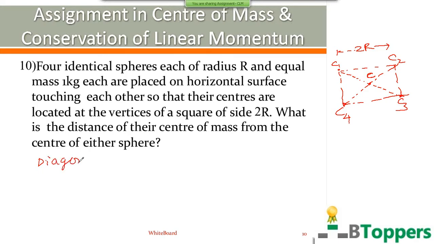The length of the diagonal of a square is root 2 times the length of each side, usually denoted by a.